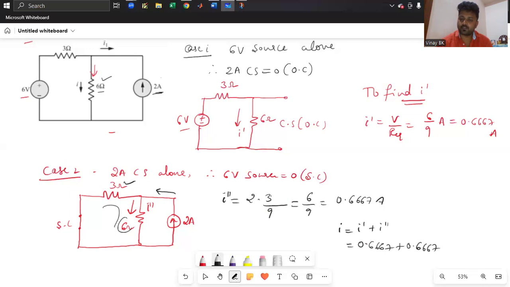You get I equals 1.3334. So you get the current as 1.3334 amperes. This is your current value. You can take a screenshot. It is very easy to understand the superposition theorem.